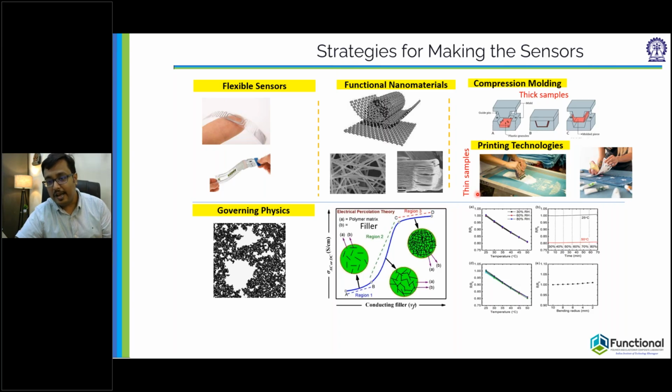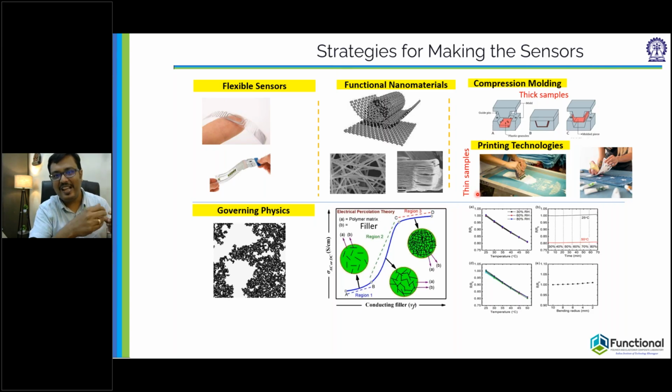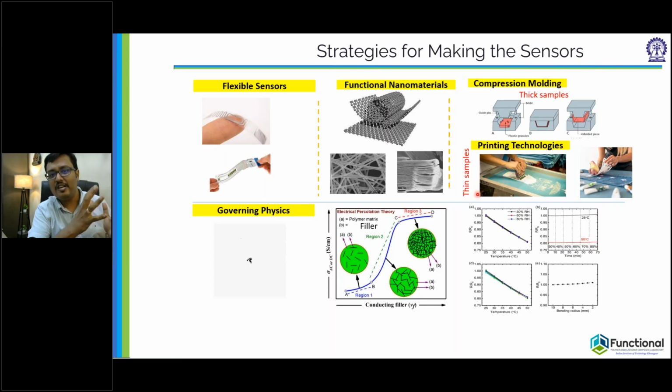Now, to make this rubber, which is electrically insulative, a sensing material, we need to formulate the rubber and make it electrically conductive. For that purpose, we take different nanomaterials, or I should say electrically conductive fillers.